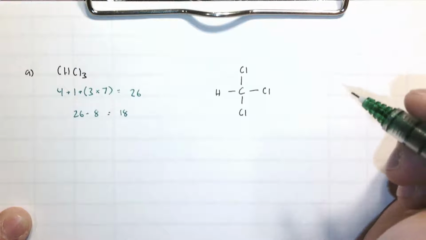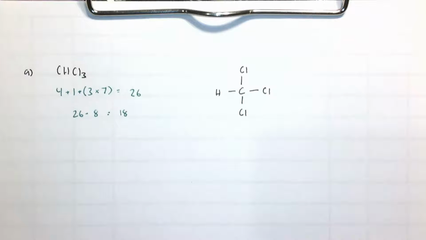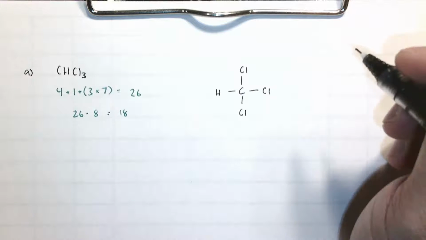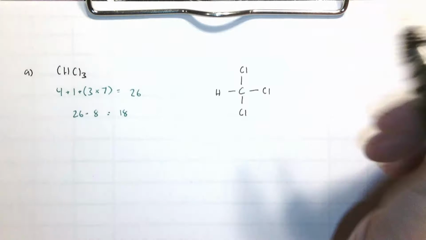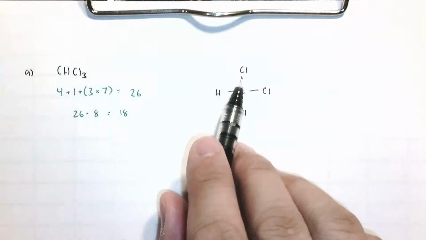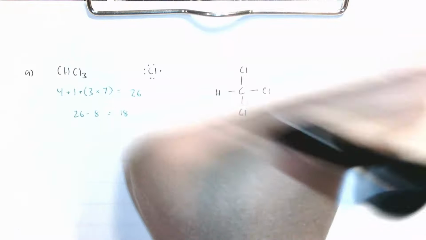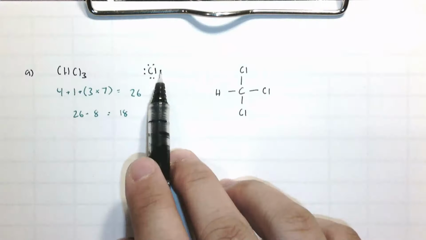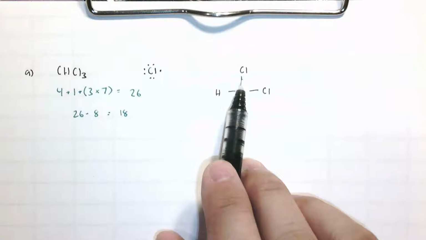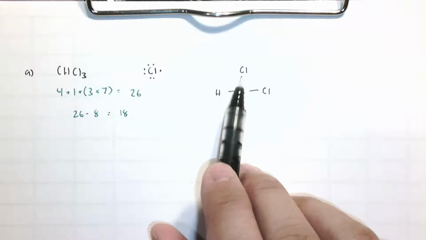That seems like a lot. So we have 18 electrons to take care of, 18 valence electrons. It's a lot, but remember how we said chlorine has 7 valence electrons? I mean, we could put it off to the side. Chlorine comes to the bonding party like this. So this unpaired electron, we'll say that it's helping to make the bond.